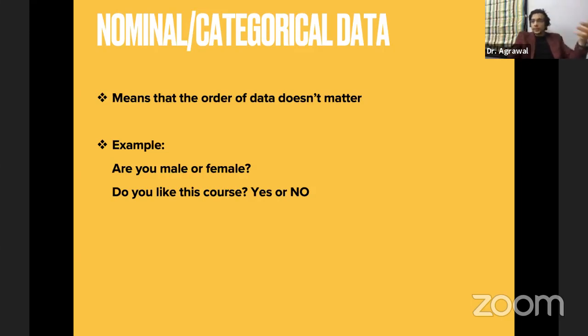That can be qualitative, or it can come under category also. It can be pink, blue, red, stuff like that. So that's the example of categorical data where there is no real order to it. Like males are not better than females or females are not better than males. I'm not talking philosophically, I'm just talking about science today. So those are called categorical or nominal data.